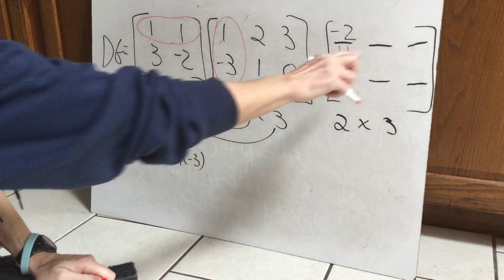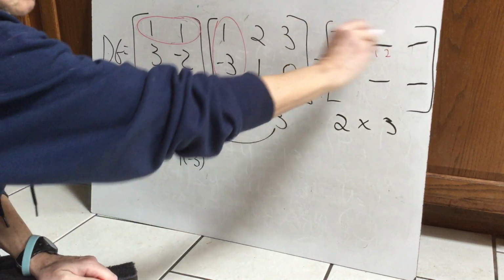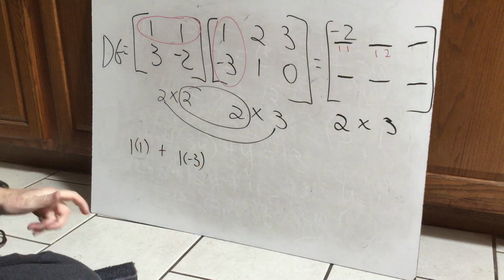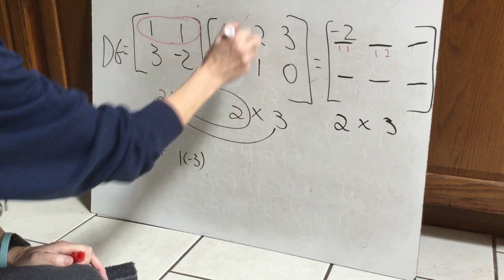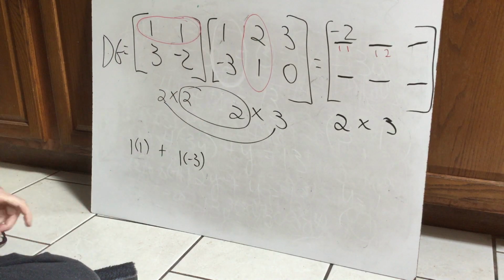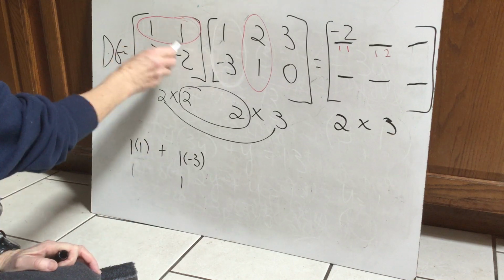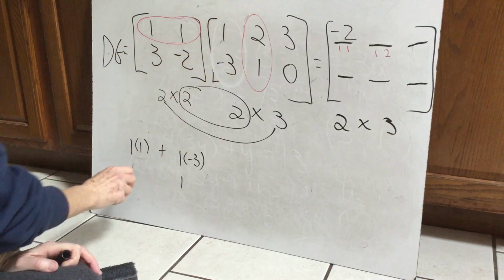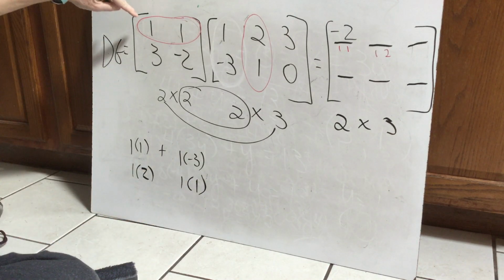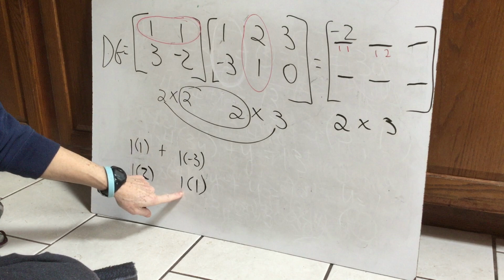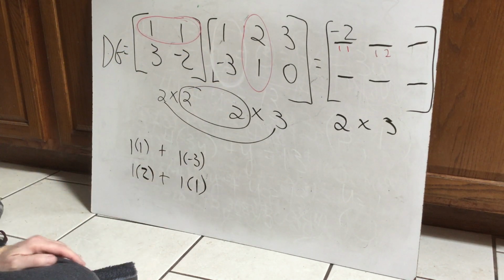All right, now what spot is this? This is the first row, second column. So now I'm going to multiply the first row times the second column. I write down the numbers in the first row, which are 1 and 1, and then the numbers in the second column, which are 2 and 1. I'll multiply each pair and then add them up.